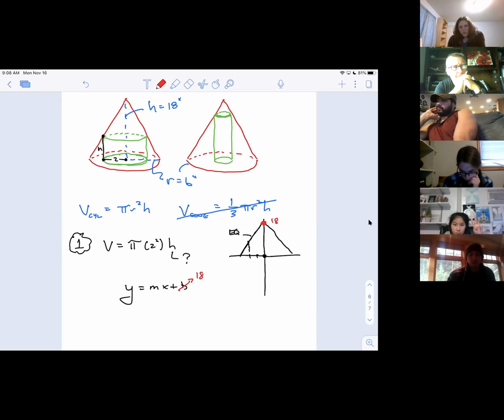It's 6 over 18 up. Is it 1/2 or 1/3 or 3? Isn't it 6 over 6 here and 18 here? So it's a rise of 18 and a run of 6. 18 divided by 6 is 3. Good job, Faith.